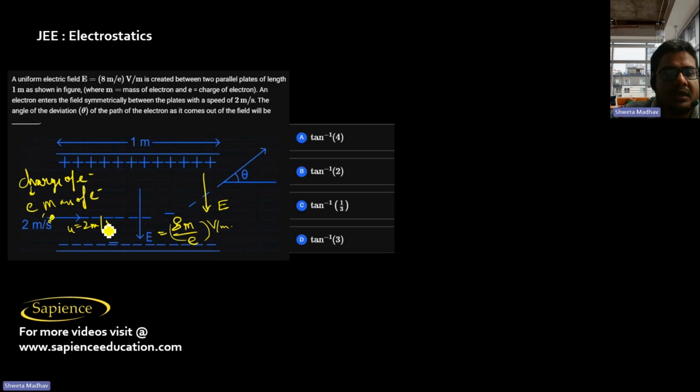So this is the electron. Therefore the electrostatic force acting on the electron will be equal to eE. So the acceleration of the electron is acting only along the y-axis.